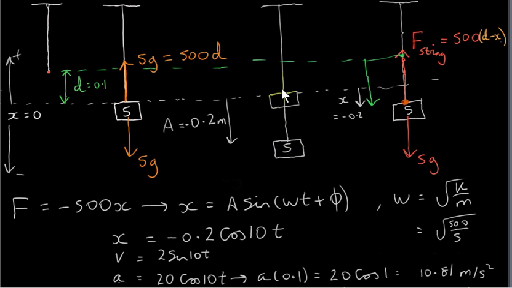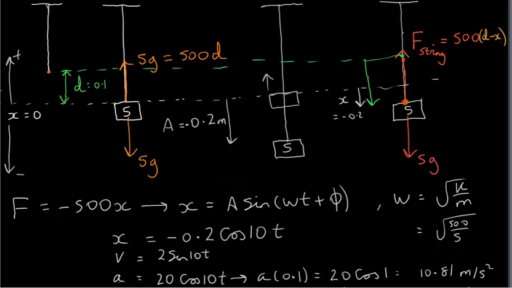So we can't apply the formulas for the situation of the mass above the equilibrium position. It will carry on a certain distance above the equilibrium position. It has a certain amount of inertia, it was moving, but the string does not get compressed, so the equations aren't valid. So all these answers here are valid, provided that the mass was below the equilibrium position when t equals 0.1.